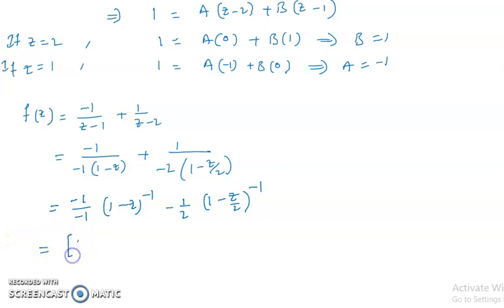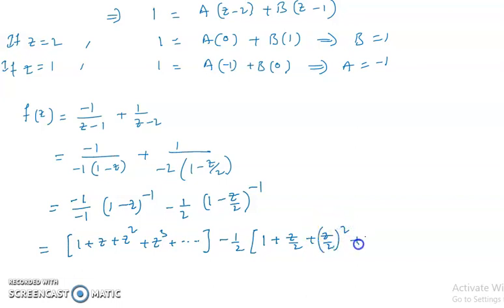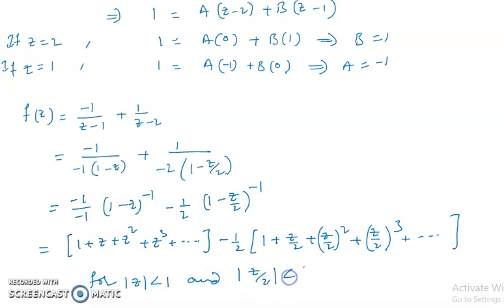Now the expansion: 1 plus z plus z square plus z cube plus so on, minus 1 by 2 of 1 plus z by 2 plus (z by 2) whole square plus (z by 2) whole cube plus so on. The first expansion is valid for mod z less than 1 and the second expansion is valid for mod z by 2 less than 1.